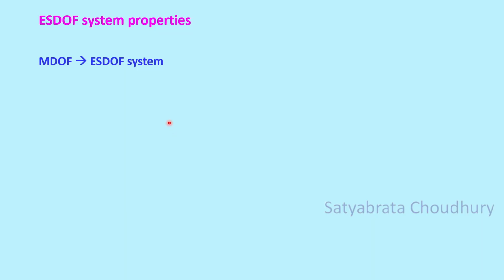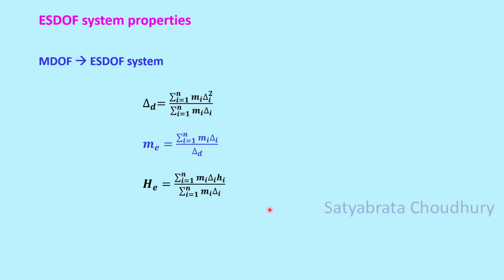Now, as we have discussed in the previous case with frame buildings, here also you have to convert the multiple degree of freedom system, the real building, to an equivalent single degree of freedom system, which has a single mass, single stiffness, single effective height and single effective damping, etc. The conversion formulae are the same as we discussed in the previous case of the frame buildings. The design displacement is given by this formula.